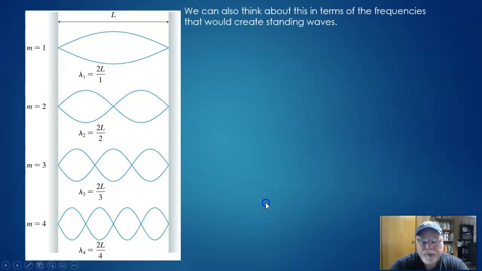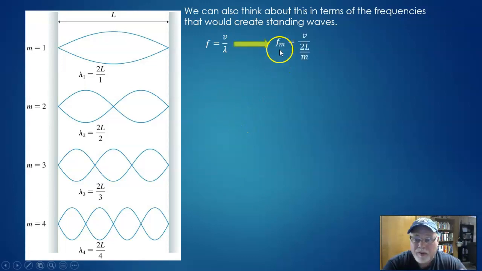Now here's the thing. We can think about all of this in terms of frequencies too. We talk about what wavelengths will fit. Well, the question really is, what frequencies will create the wavelengths that do fit? Frequency is velocity over wavelength, right? Well, what that means is that the frequency for any m, any wavelength, is just going to equal v divided by 2L divided by m.